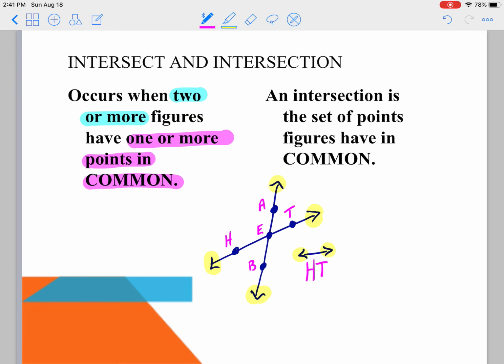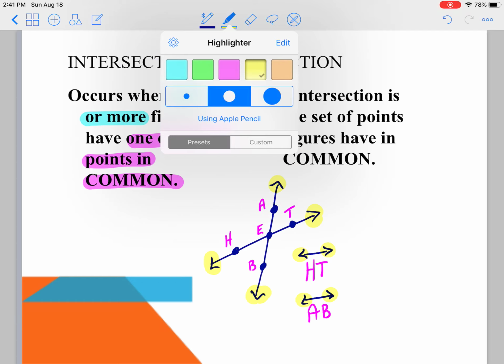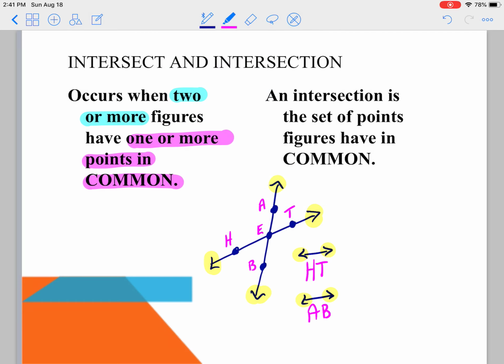And I'm also going to say that I have line AB. Now we have these two lines and they're moving in two different directions, but the one point they have in common is in the center. And that is the intersection or the actual point that is in common.